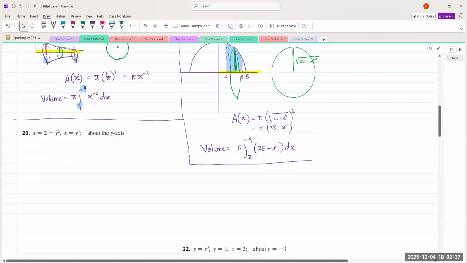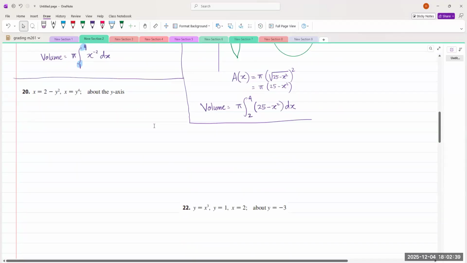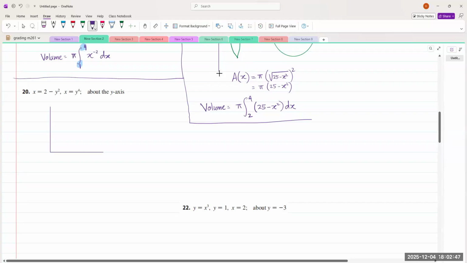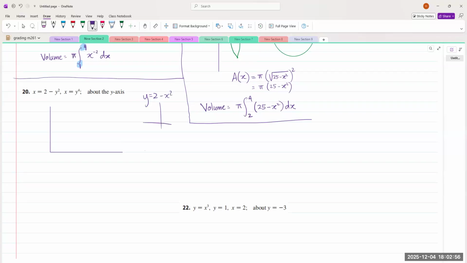Number 20, we have these two functions about the y-axis. What do they look like? So if we have y equals 2 minus x squared, it looks like this. The vertex is at 2. But now if we reverse x and y, what does it look like?